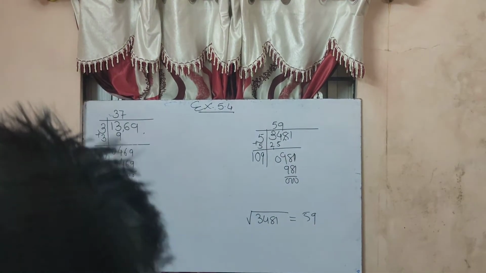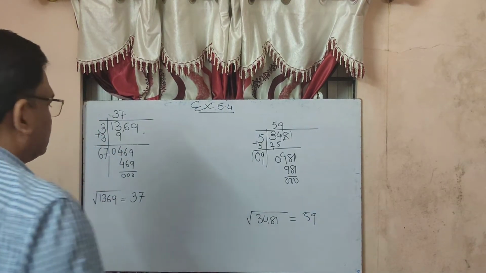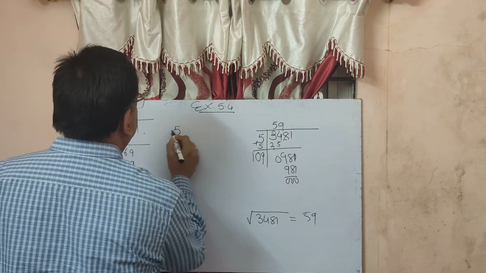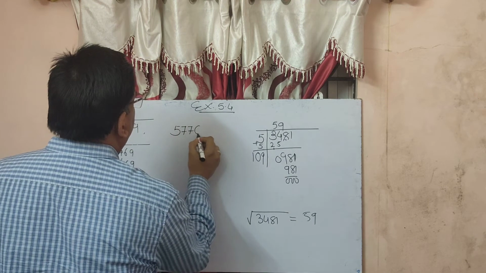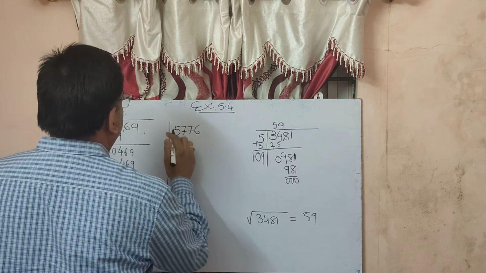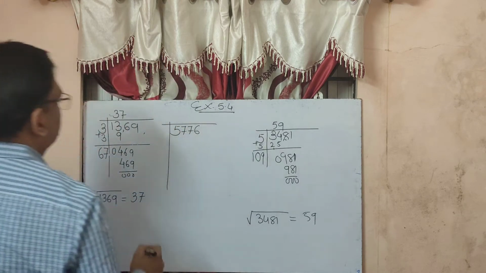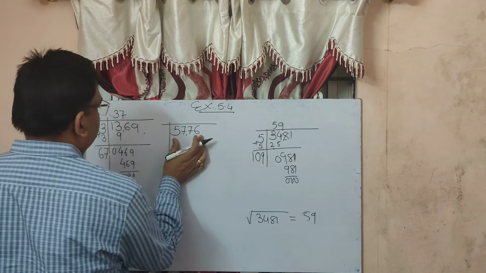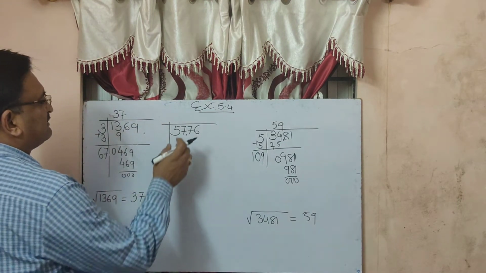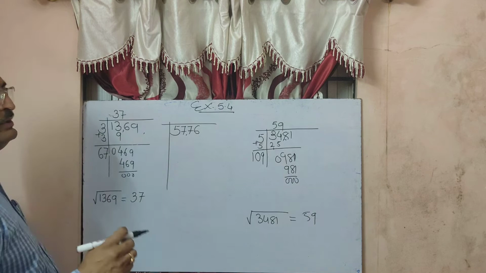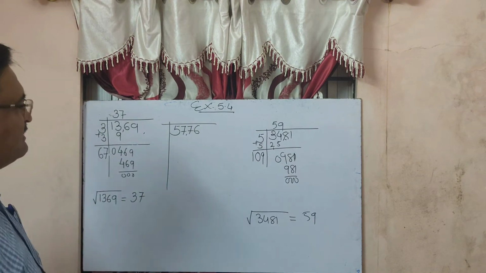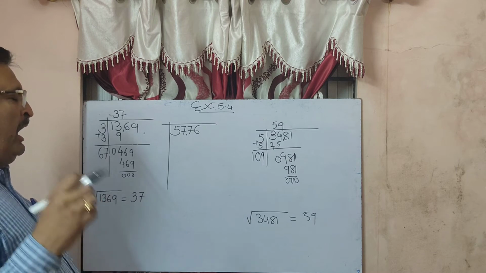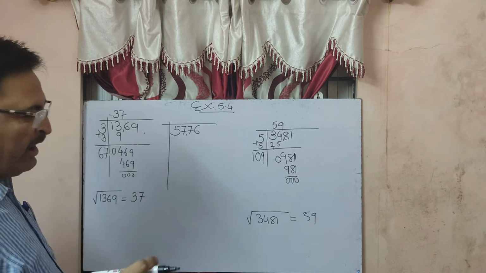Next one is 5776. Same thing. Now look here, again it is an even number, 57. This 57 is near to which perfect square number? 6 6s are 36, 7 7s are 49, 8 8s are 64.